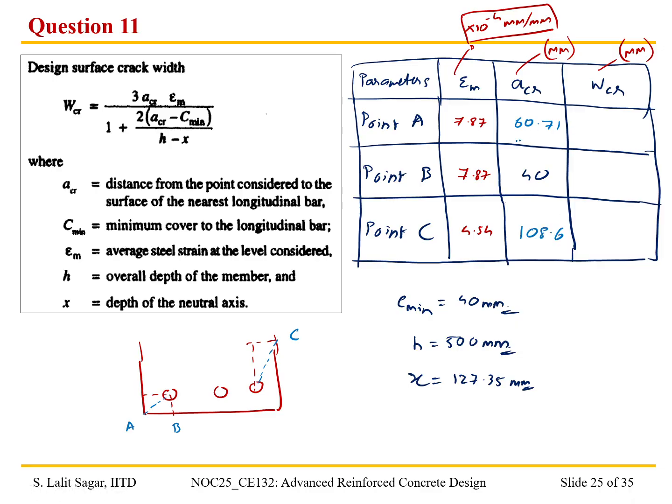When we substitute all these values in this particular equation, we obtain the surface crack width at points A, B, and C. Let me take green now. For point A, the value of WCR is 0.144 millimeter, for point B it is 0.105, and for point C the value is 0.108.